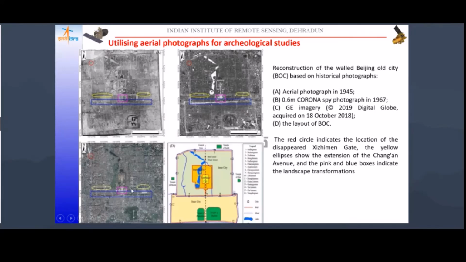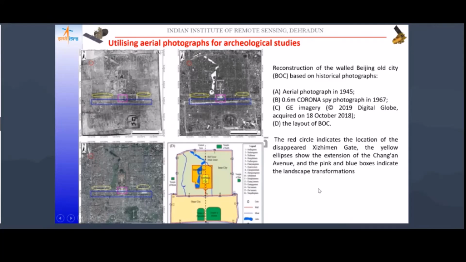But how these features have evolved and how they have left an imprint on the landscape surrounding them, this is the map through the time series. So in 1945, then in 1967, some changes have happened, and this is 2018, Google Earth imagery. And this is the map, the layout of the Beijing old city.